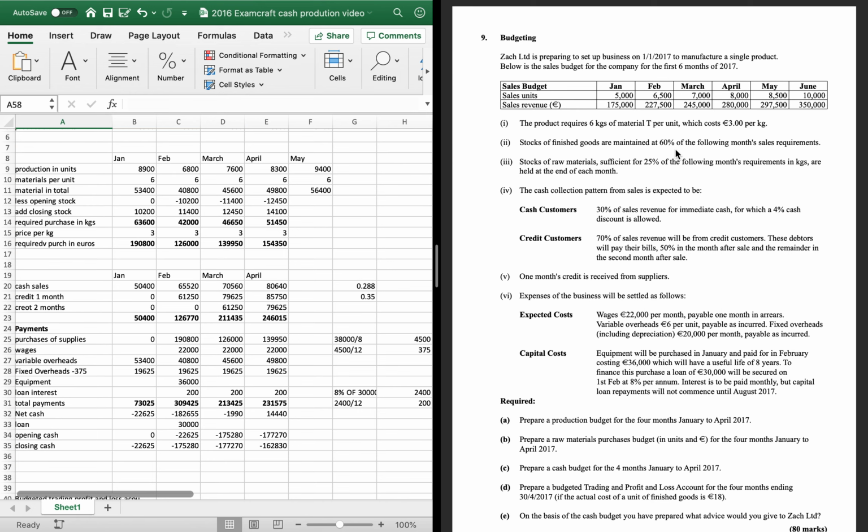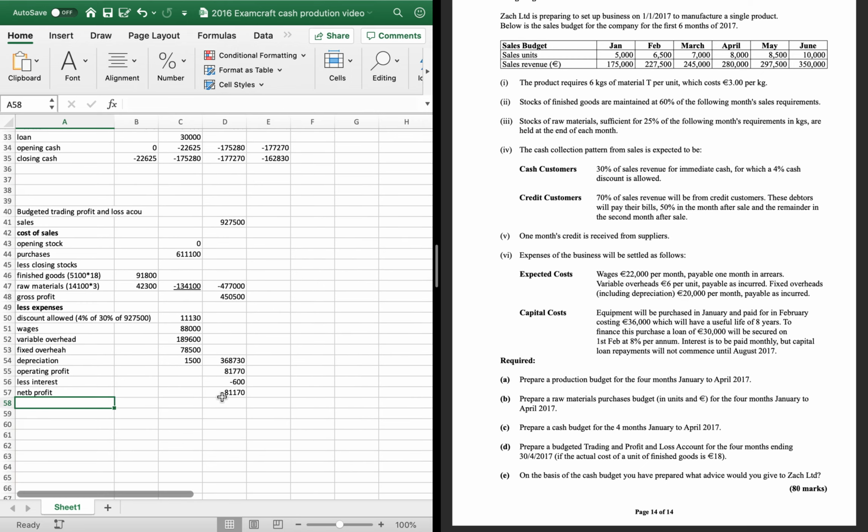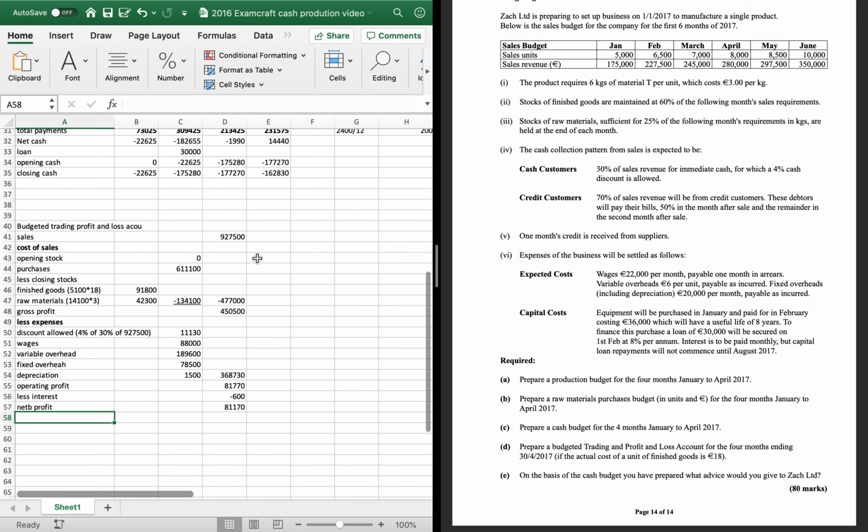It might well be. They look like they're going to make a profit of 81,170, but their cash position is minus 162,830. That means they're overtrading a bit. So you can say they're making a profit of 81,170, but their cash position is minus 162,830, so they're overtrading.